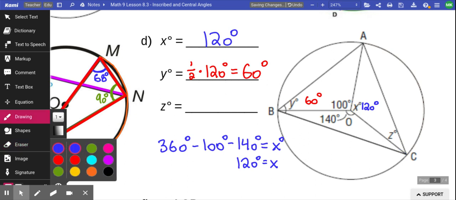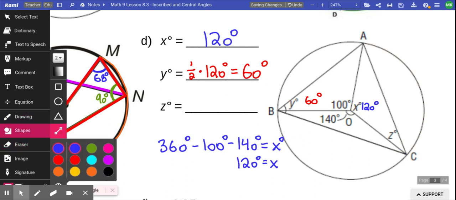If I tried to build this, I'll show you what I think most people would try to do. I go from A to C to the middle, and that's nothing. That doesn't create any sort of angle for us, which is kind of tricky, right?